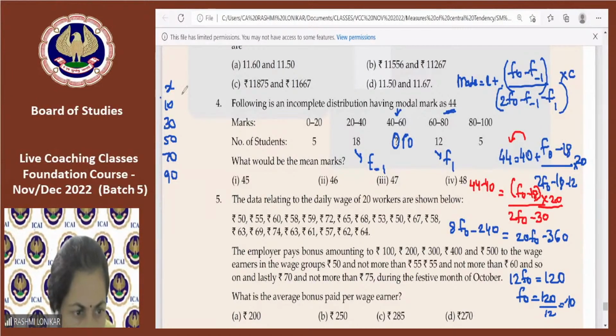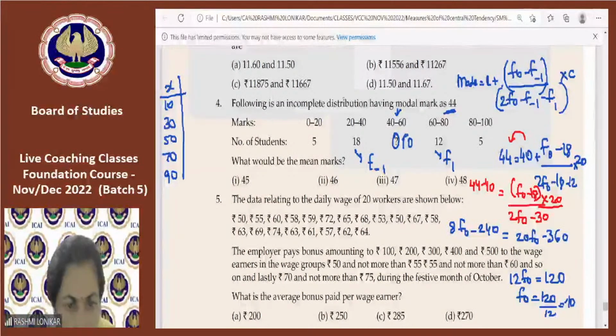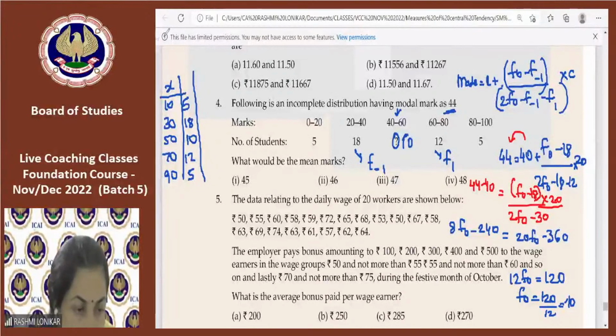And what are the frequencies? 5, 18, 10, 12 and 5. This is my F. Can I find out Fx? This is 50. This is 540. This is equal to 500. This is equal to 840 and this is equal to 450.